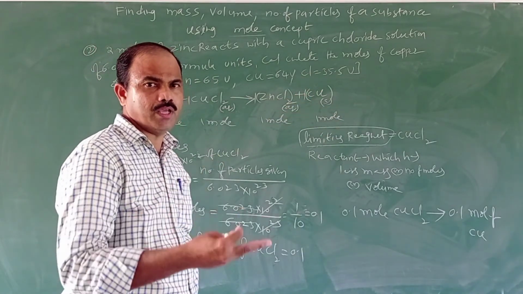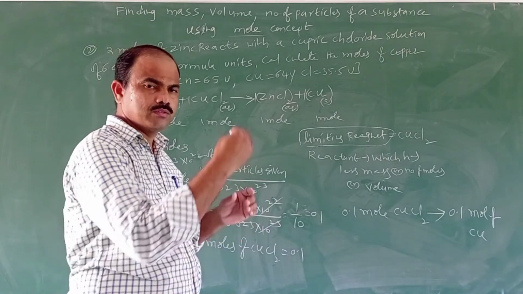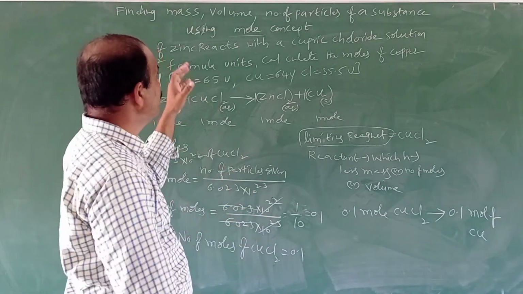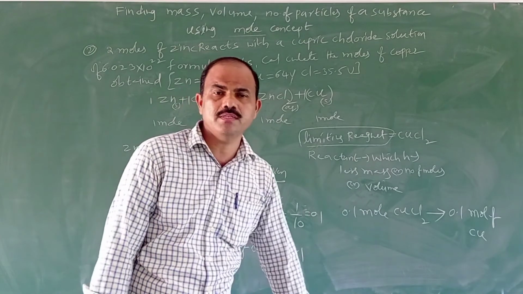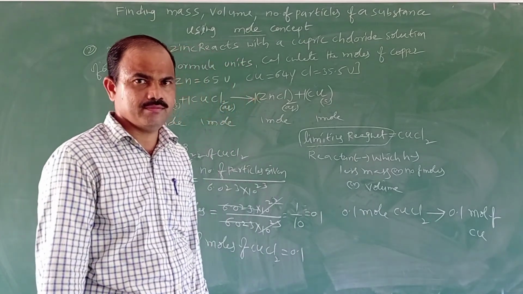There are 3 formulas to find the number of moles, and using them we can easily find the mass, volume and number of particles of a substance.